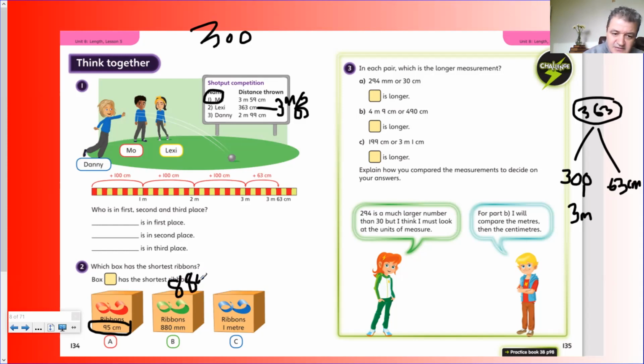Now it's easier to compare these numbers. Ribbon C, which is blue, is 1 meter. What's the equivalent in centimeters to 1 meter? Or how many centimeters make up 1 meter? That would be 100 centimeters.